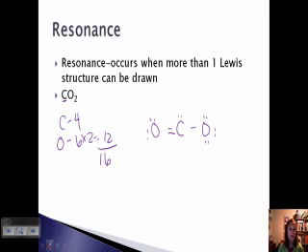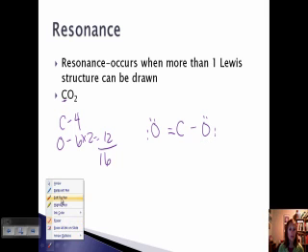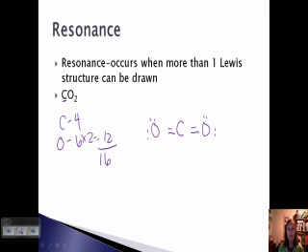Still too many. So I'll take this one and make them share. And we'll do that. So 2, 4, 6, 8, 10, 12, 14, 16. That works. But that's not the only structure I can draw.